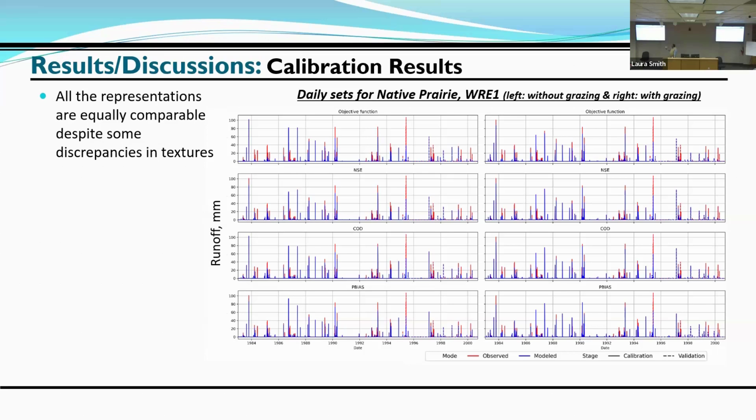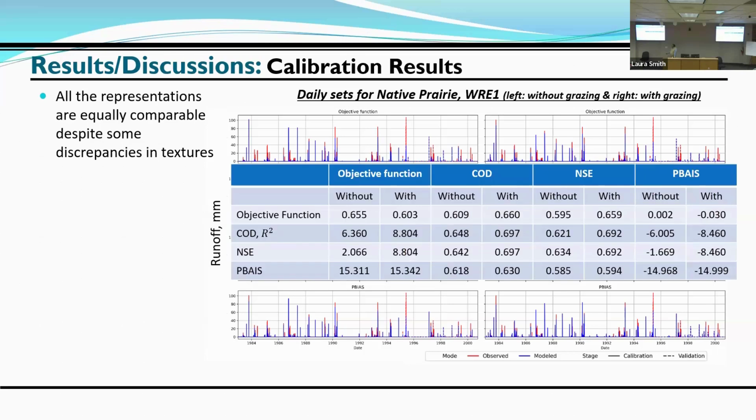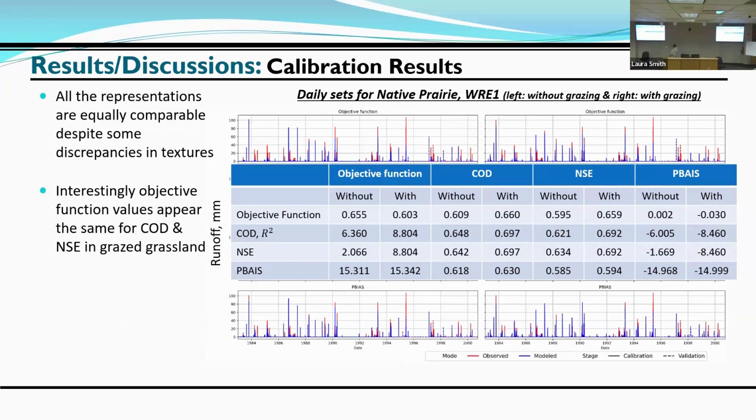All the representations are equally comparable, despite some discrepancies in texture. Interestingly, the objective function values related to the coefficient of determination and Nash-Sutcliffe efficiency in the gauge data are almost similar. That means it had the same set of parameters in both cases. They overlap.